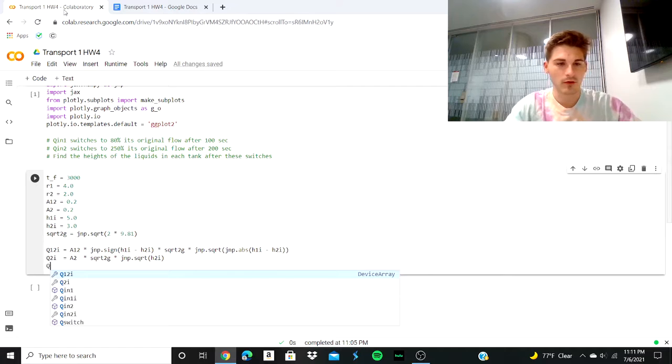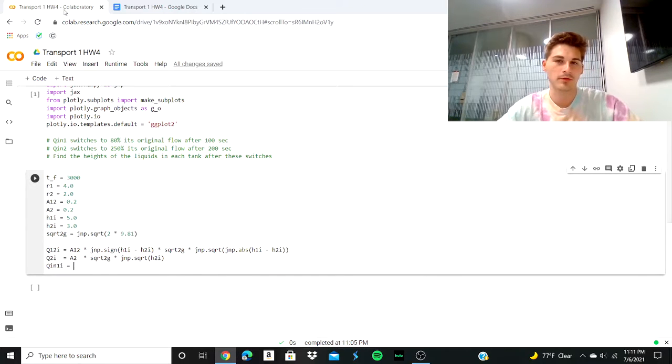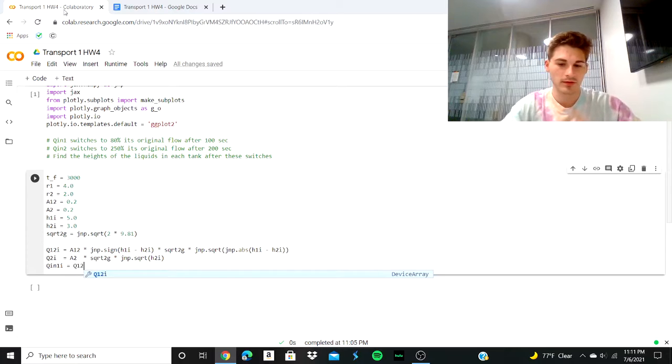And then the flow entering tank 1 initially has to be equal to the flow leaving tank 1 initially, because we have an initial steady state. And so the flow coming into tank 1 initially has to be equal to the initial flow between tanks 1 and 2.